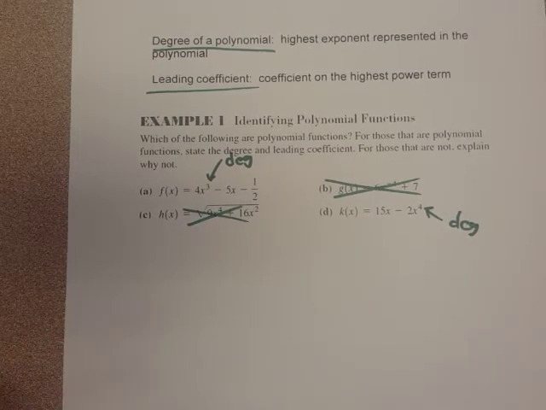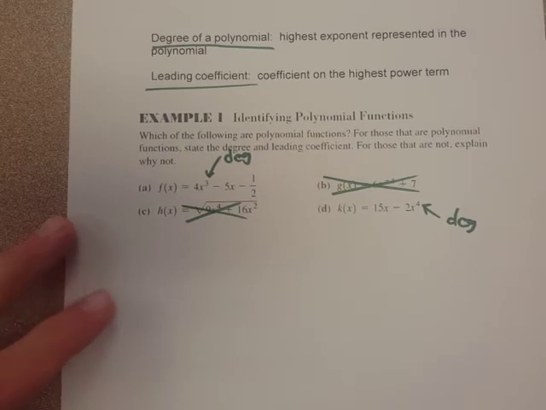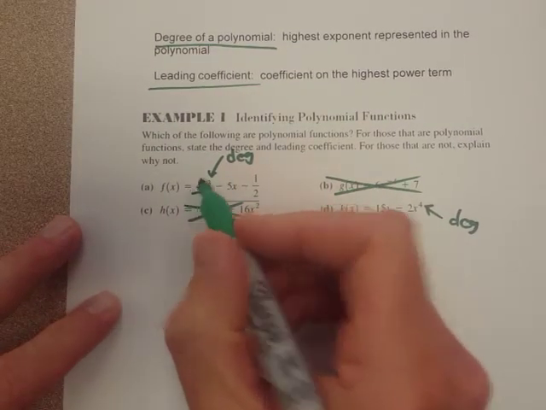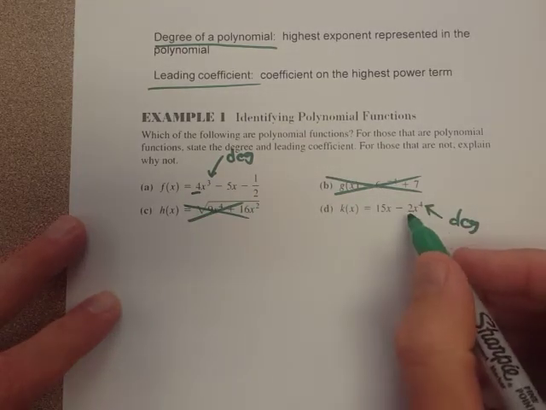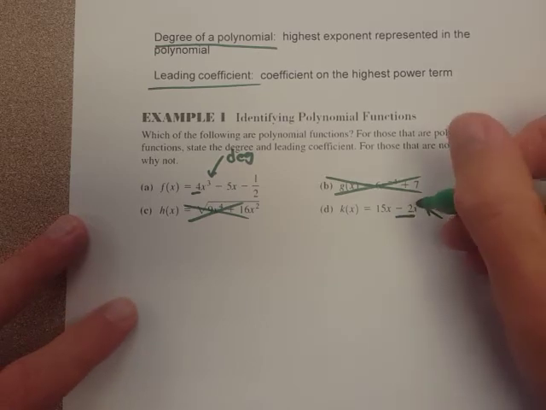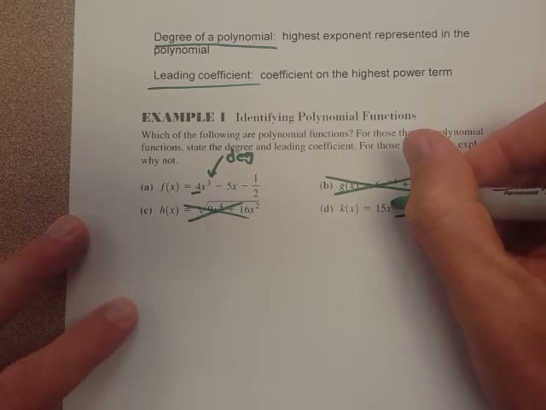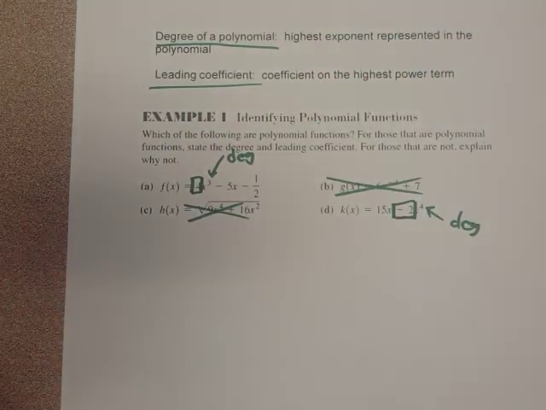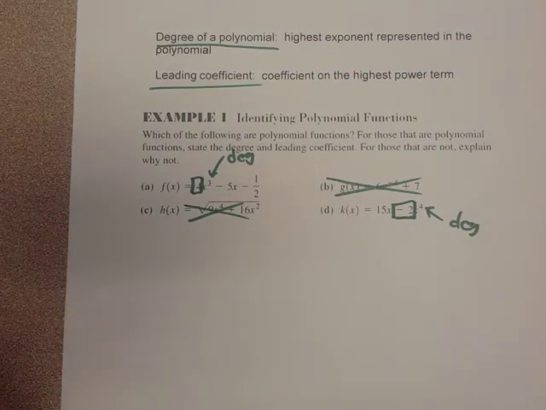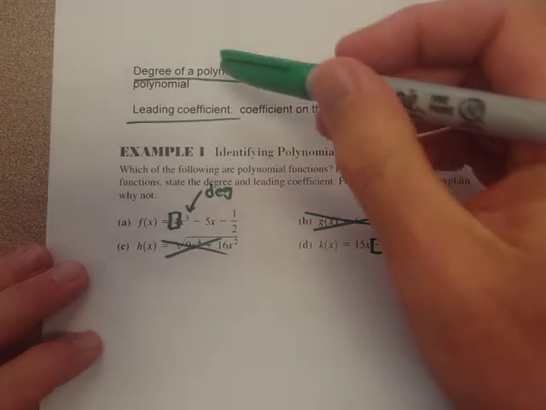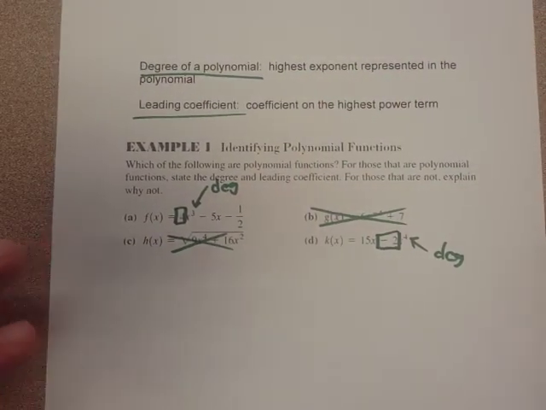Then the leading coefficient is just the number out in front of that term. And so the leading coefficient in this case is 4. And the leading coefficient in this case, don't miss the negative here, but it's negative 2. So those numbers represent our leading coefficients in this case. And so that should help with determining, is it a polynomial first of all? And then if it is, these two characteristics will be fairly important.